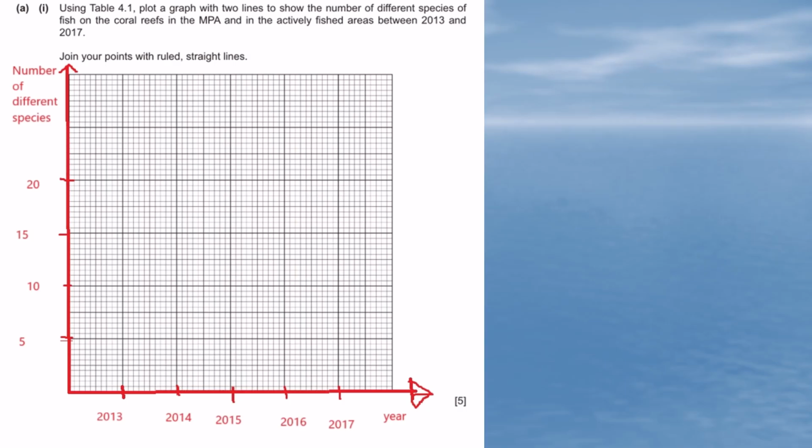We have number of different species and years, and I put in my units, years on my x-axis, number of different species on my y-axis, and also my y-axis takes up more than half the space. If it doesn't, I'll get a point less. So just by doing this, I have already gotten some of the points.